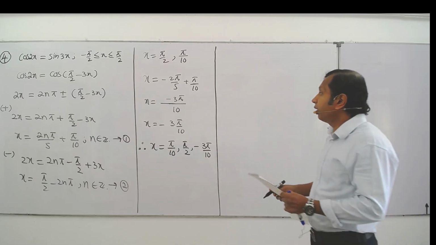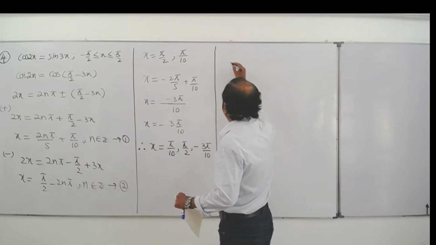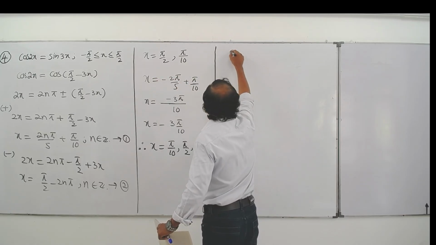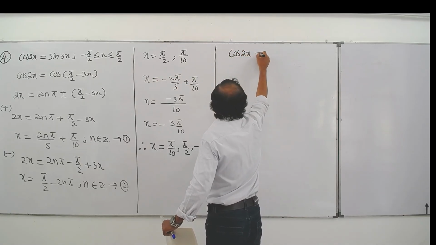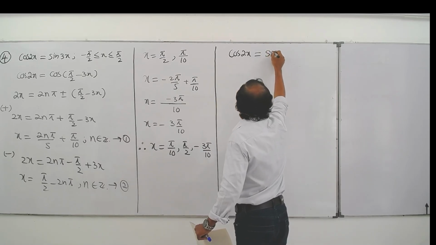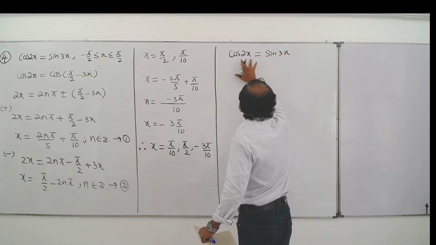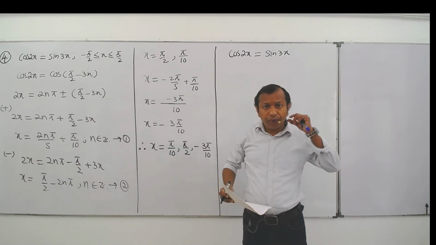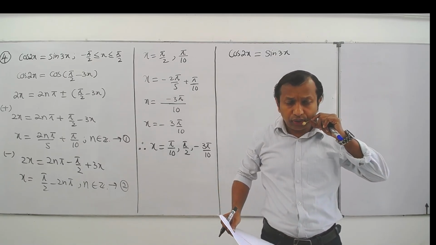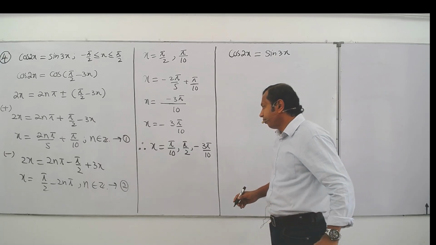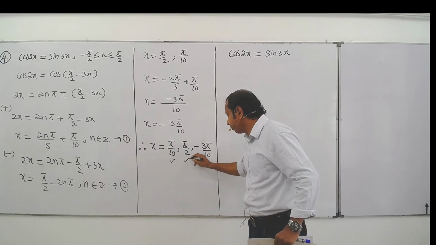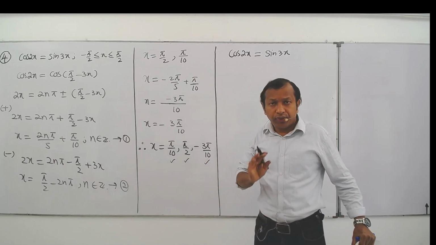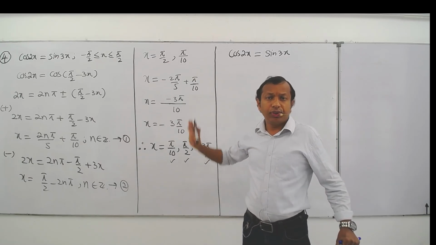Then what I am going to do is, the initial equation cos 2x is equal to sin 3x. This equation we have already solved for x, and we get 3 answers like this here. For the angle x we solved this equation.